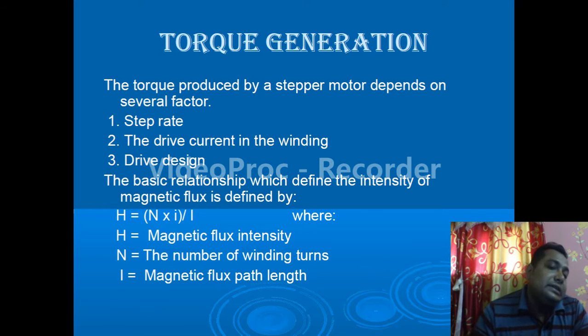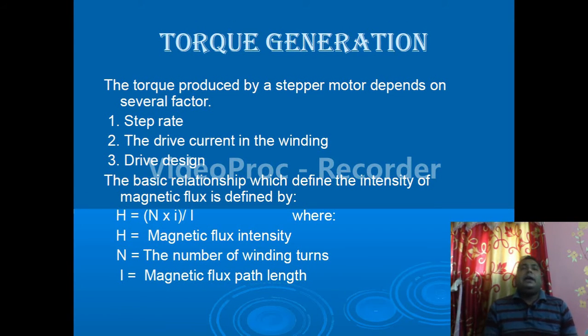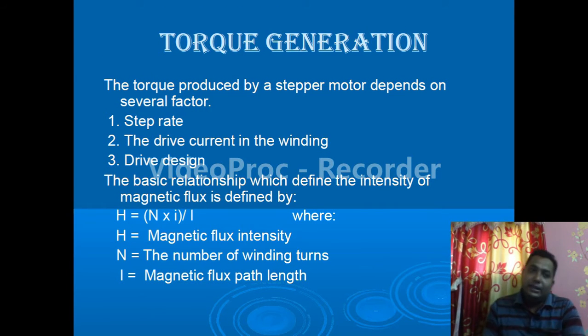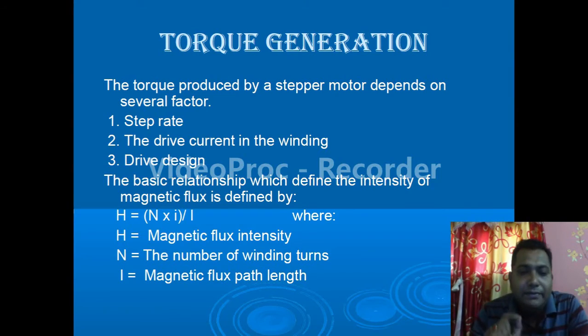The basic relationship which defines the intensity of the magnetic flux is H = N × I / L, where H is the magnetic flux intensity, N is the number of winding turns, I is the current, and L is the magnetic flux path length. That is very important: the magnetic flux path length.